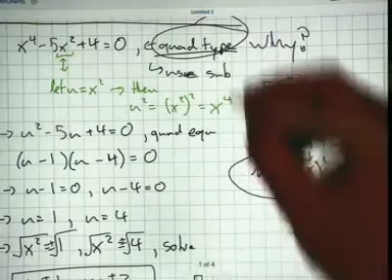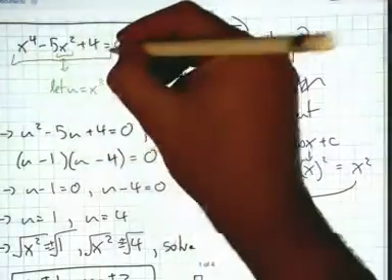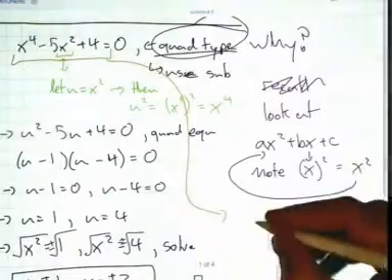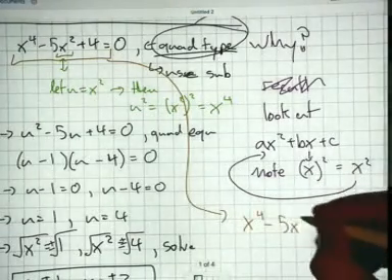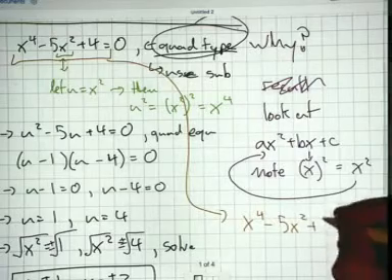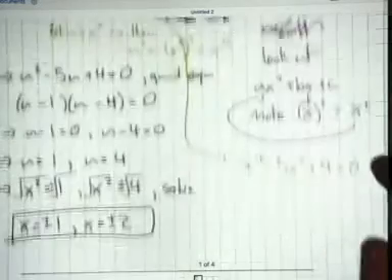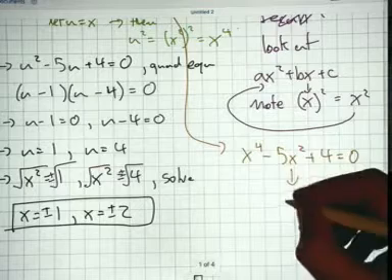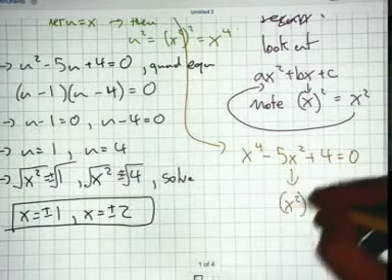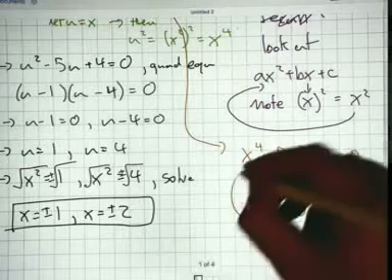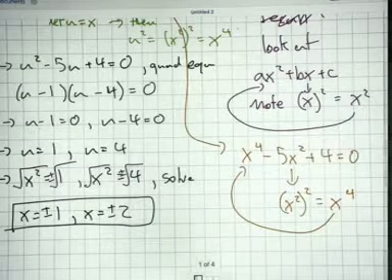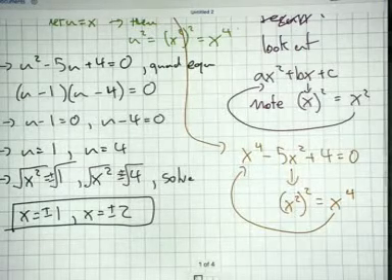Take a look at this equation. If I have x to the fourth minus 5x squared plus 4 equal to 0, if I take that x squared and I square it, we get x to the fourth. That's part of what makes it quadratic in type.